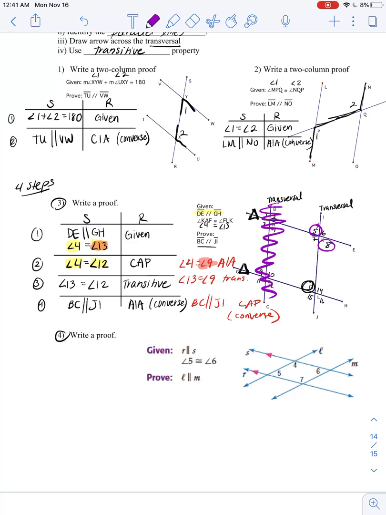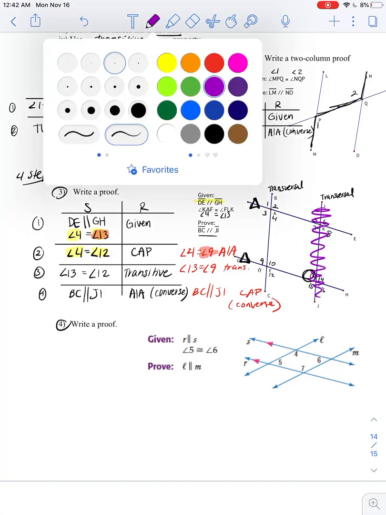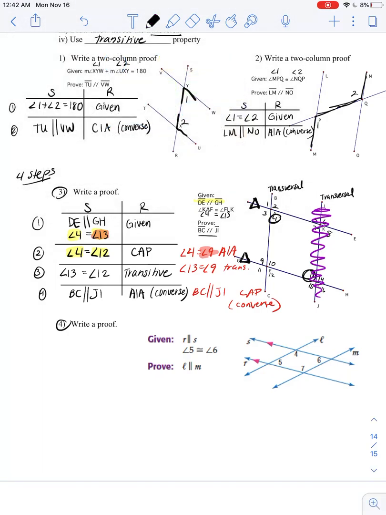So we could say 13 equals 5, or you could do 13 equals 8, and then you'd use the transitive property, and then we go the other direction. So again, either of those 2 ways you can do it. Just make sure that you do not go this direction to start, because if you go this direction, that means that you're using these 2 transversals as parallel lines, and they are not parallel.